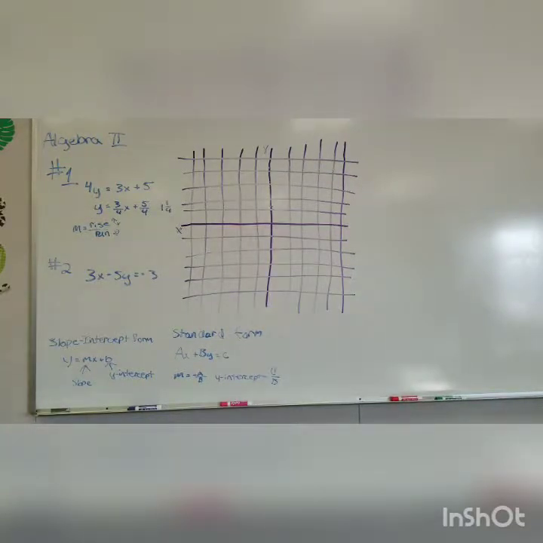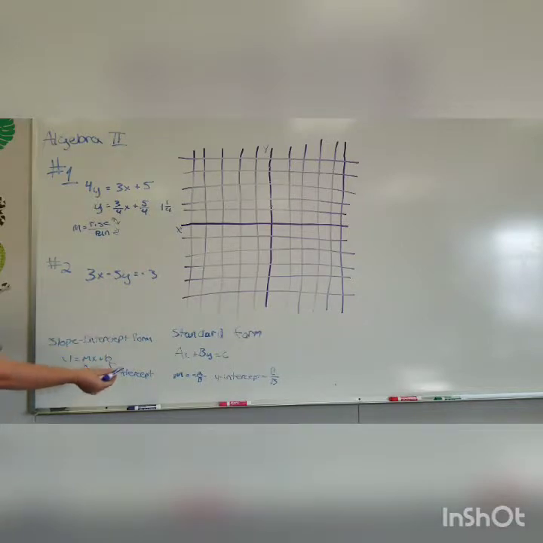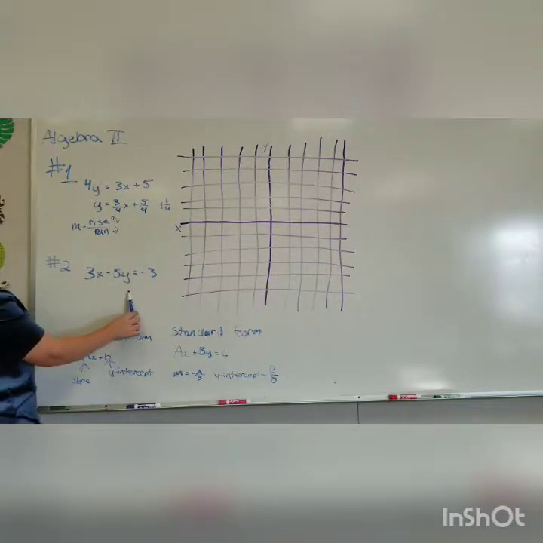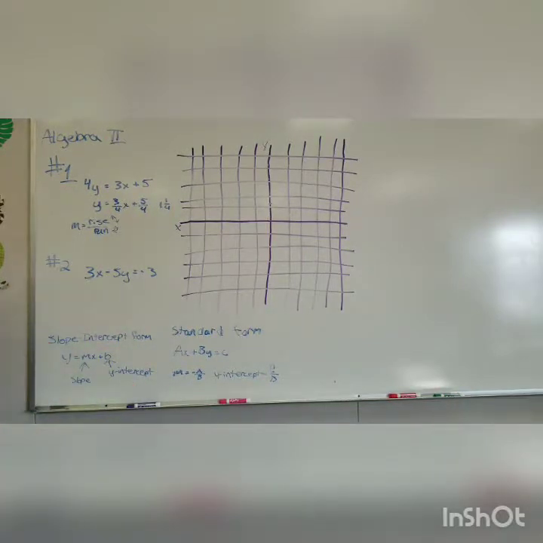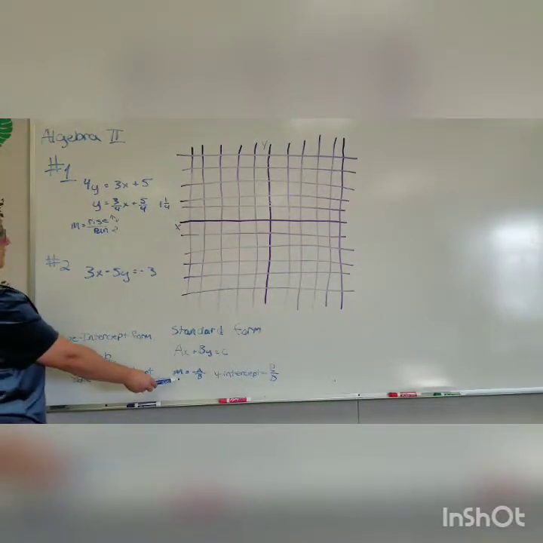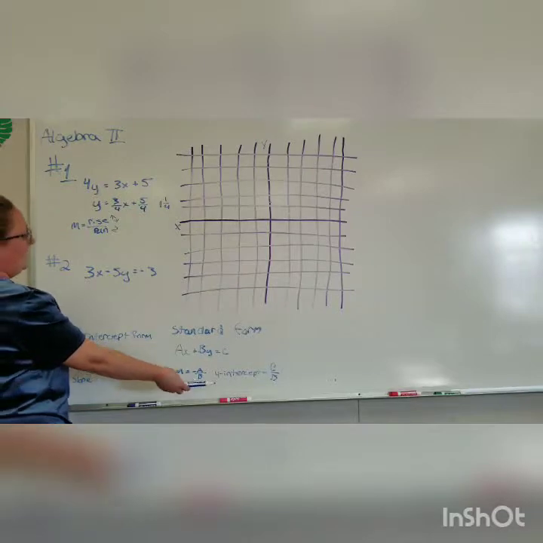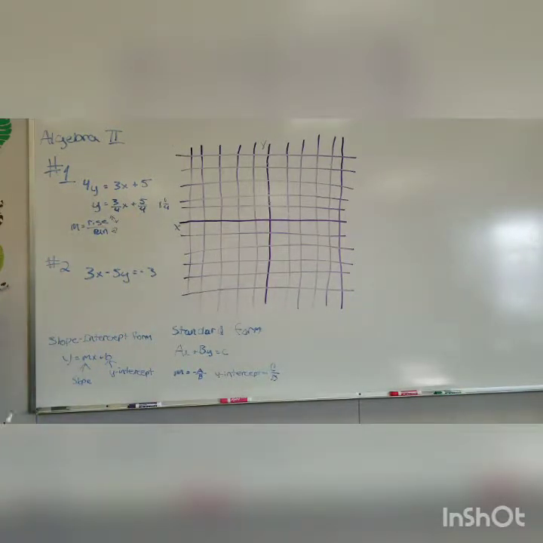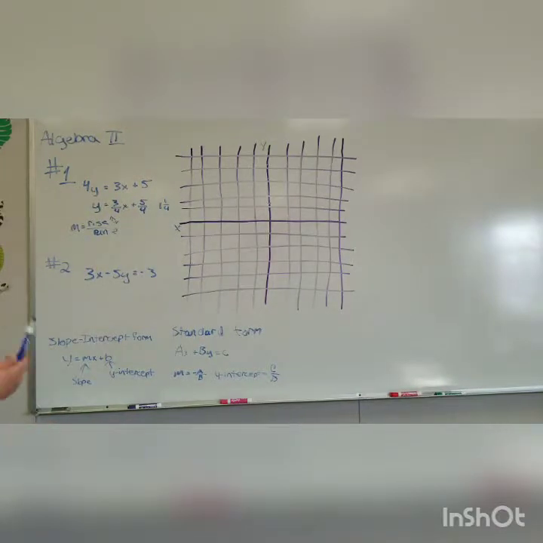All right, problem number 2. This one, if you look, notice it's in standard form already. It says 3x minus 5y equals negative 3. So in standard form, your slope is equal to negative a over b, and your y-intercept is equal to c over b. So let's start with the y-intercept. It's equal to c over b.